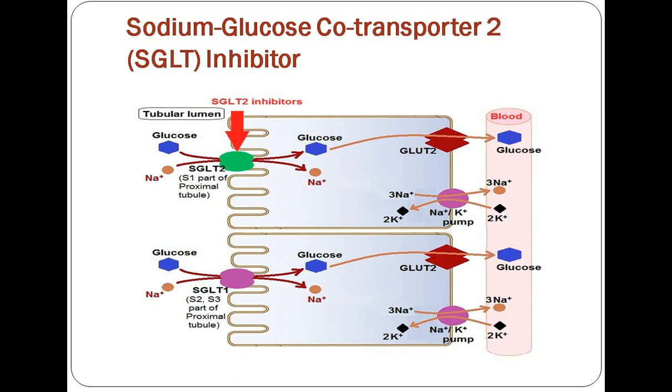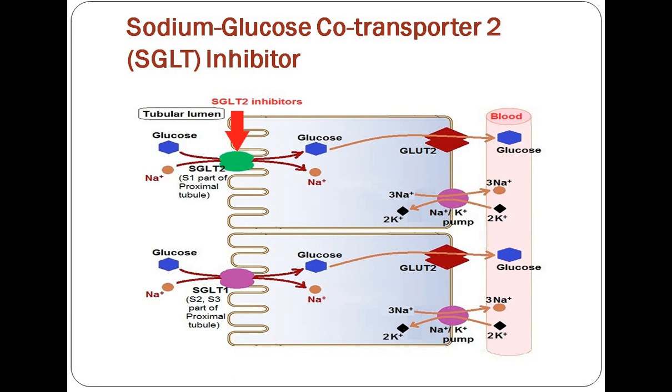But again, more than 90 or 95% of this glucose is transported back into the blood. That means it again enters into the blood. Clear?